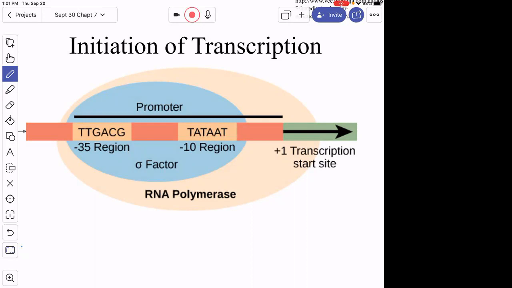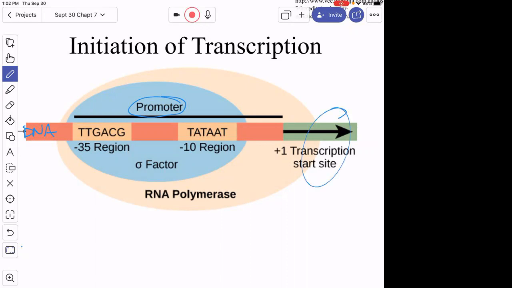So I brought in just a couple other slides that are not in your book, just to talk through some details a little bit more here about initiation. So I already wrote quite a bit on this slide, but just to review, here's the DNA strand, and there's a promoter region upstream of where the transcription is actually going to start.